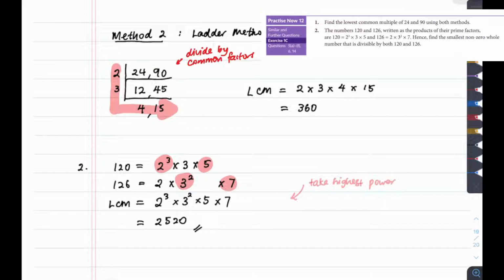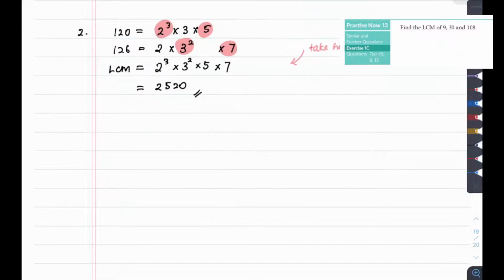Let us now look at the next question, practice now 13, where we look for the LCM of 3 or more numbers. So let's look at practice now 13. We are on page 21.